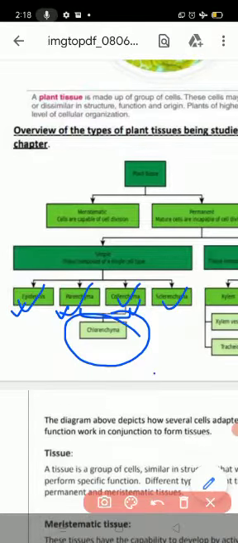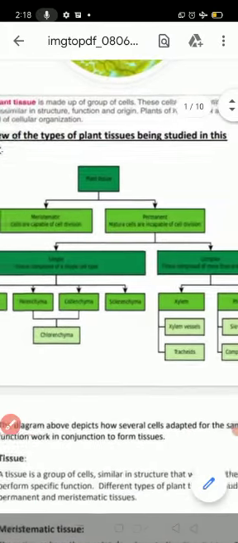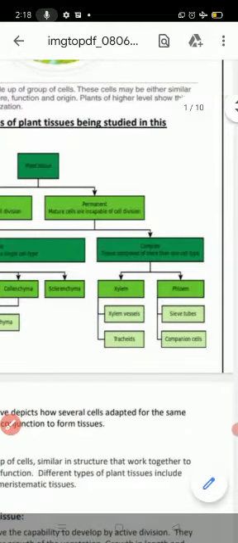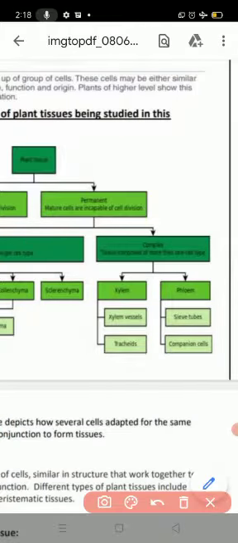Okay. Now let us learn about complex tissue. The definition of complex tissue is that it is made of more than one cell type, and it is divided into two forms, xylem and phloem. Xylem is divided into two forms, xylem vessels and tracheids. Phloem is also divided into two forms, sieve tubes and companion cells.